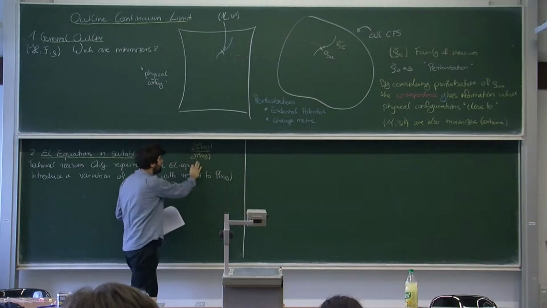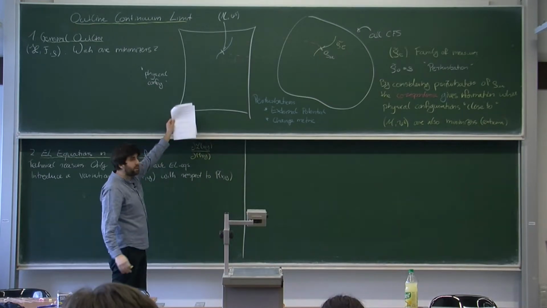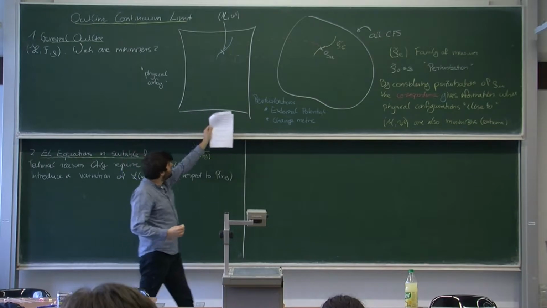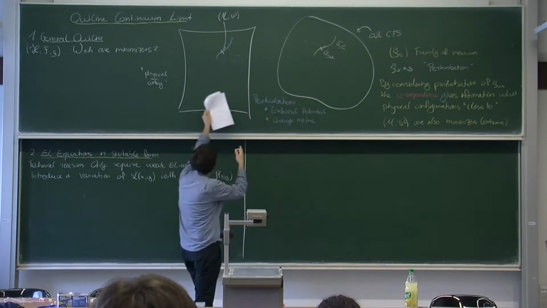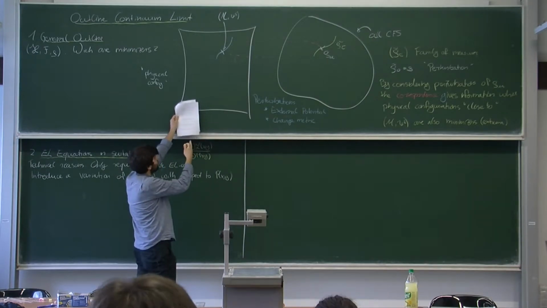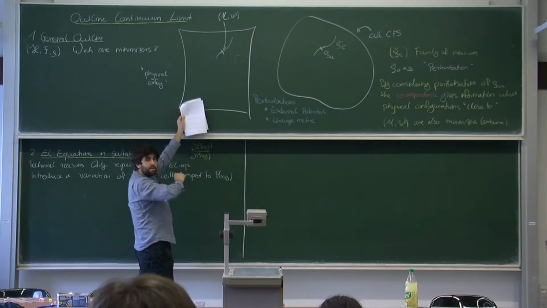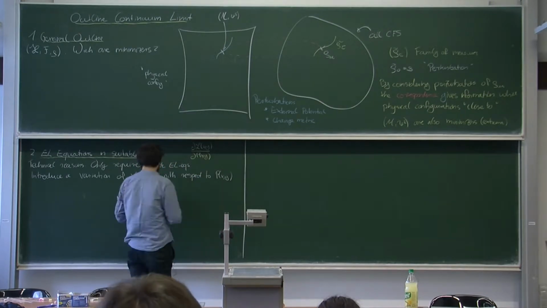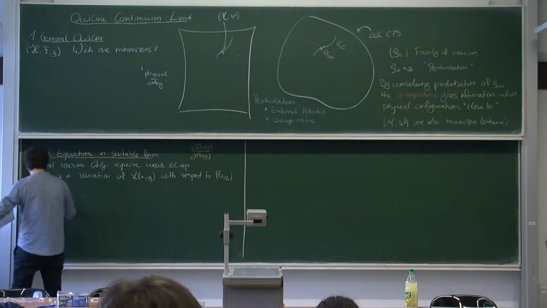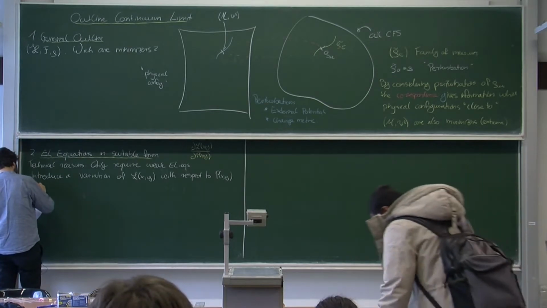Why do I care for this? Because by varying the minimizers, either by considering a perturbation of the causal fermion system or a perturbation of the corresponding physical configuration, I basically vary the fermionic projector. And so I introduce this variation as follows.